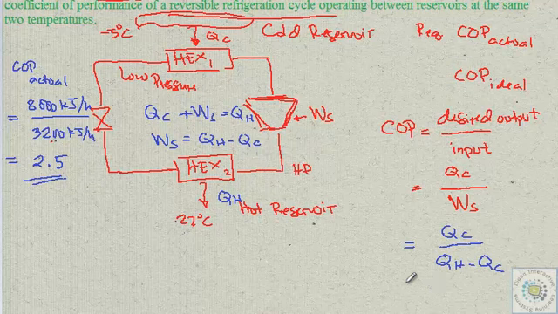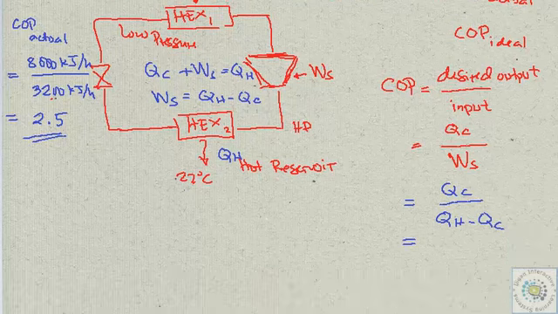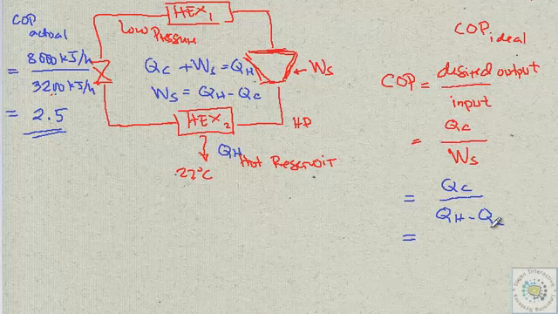And if we divide everything by QC, we'll have 1 over QH over QC minus 1. And for an ideal reversible process, this could be rewritten in terms of temperature, 1 over TH over TC minus 1.